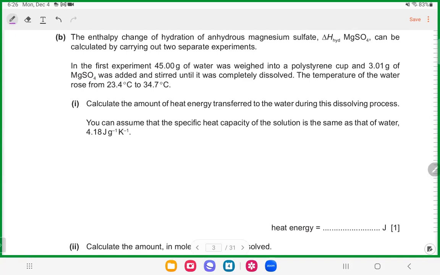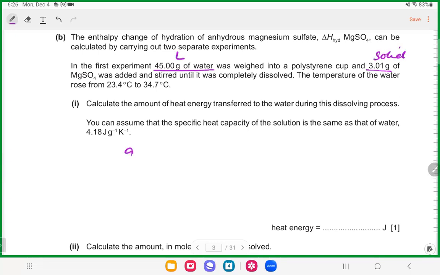They could ask you about any enthalpy change. It says in the first experiment, 45 grams of water was weighed into a polystyrene cup and 3.01 grams of magnesium sulfate was added. Okay, clear? So you can see this is liquid and this is solid.